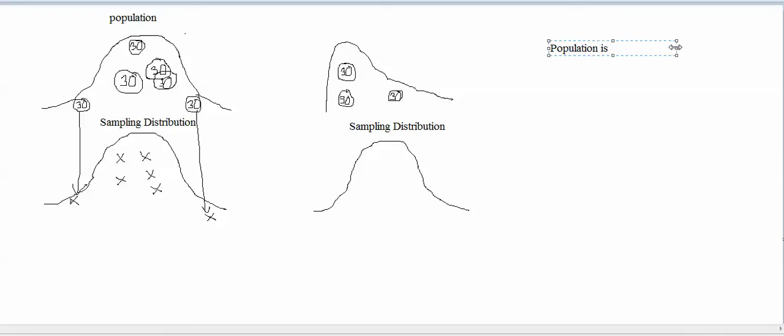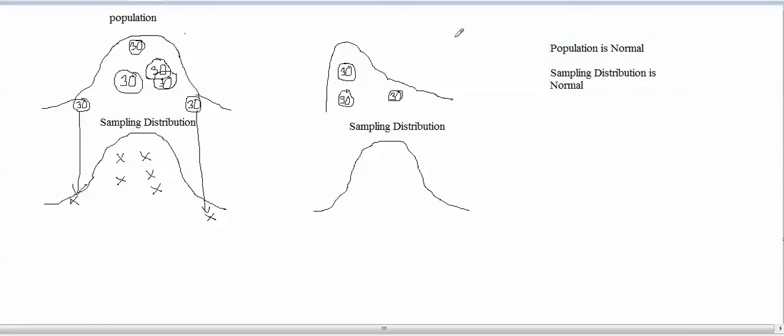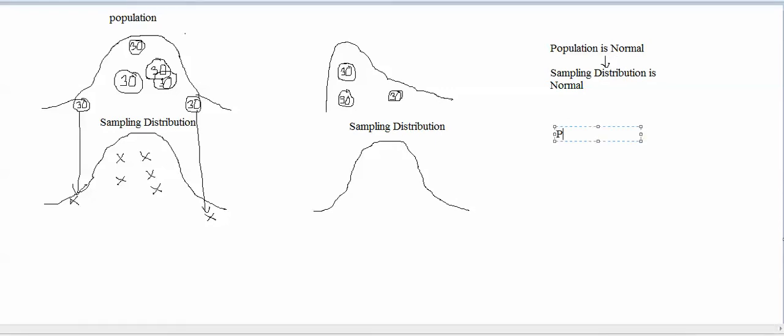So if the population is normal, the sampling distribution is normal. This leads to this. Population is skewed.